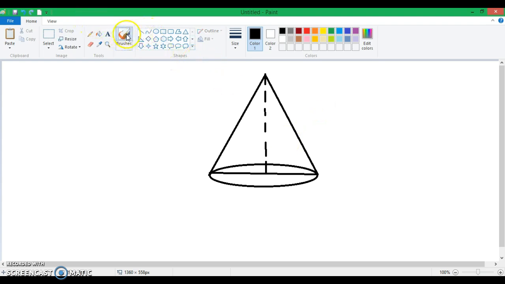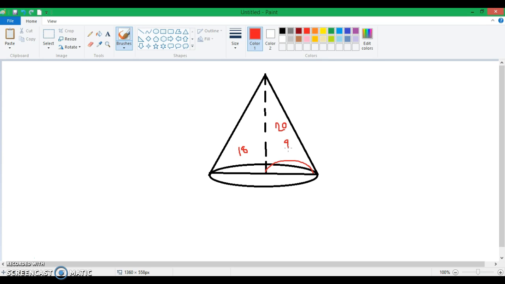And let's say that the diameter is 18, and let's say that the height is 20. Right, so the radius is half the length of the diameter. So what we do is we take 18 and divide it by 2, which is 9. So this right here is 9.